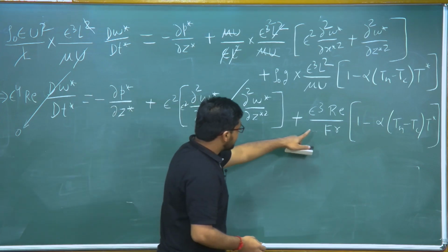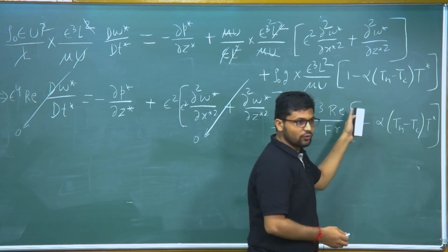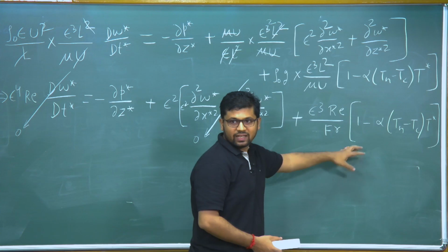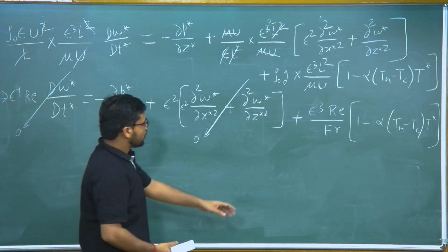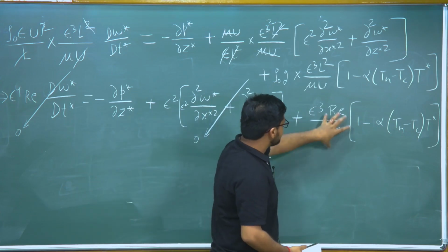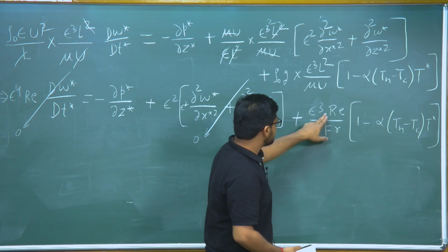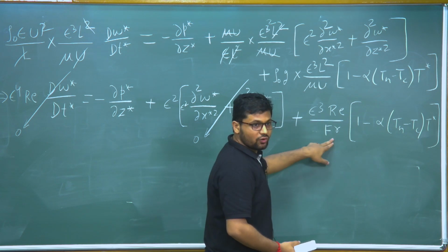We cannot neglect this one, because this is the temperature gradient that is causing flow inside the anterior chamber. If we neglect this term also, we are neglecting the driving force. Because the magnitude of this coefficient will depend on Reynolds number and Froude number both. Although epsilon cube is very small, we do not know the magnitude of Froude number.